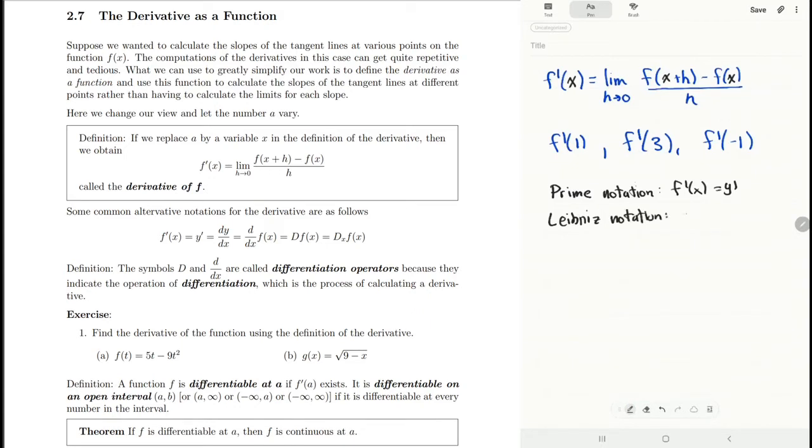And this would be dy over dx, or d over dx of f of x. So these all denote the derivative of f. Now the symbols d and d over dx are called differentiation operators because they indicate the operation of differentiation, which is the process of calculating a derivative.